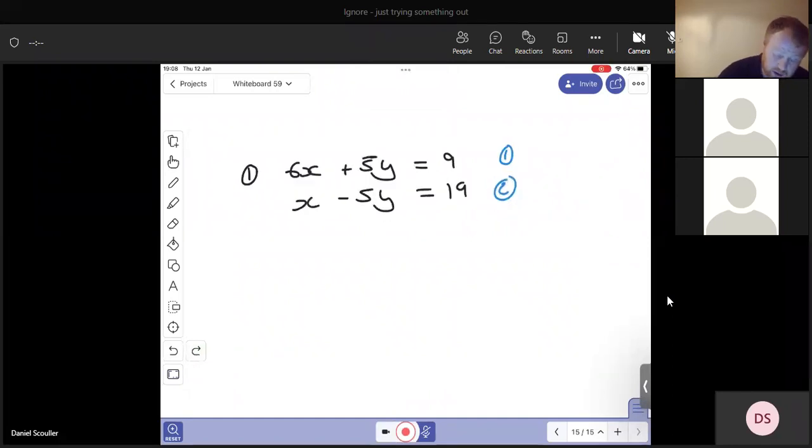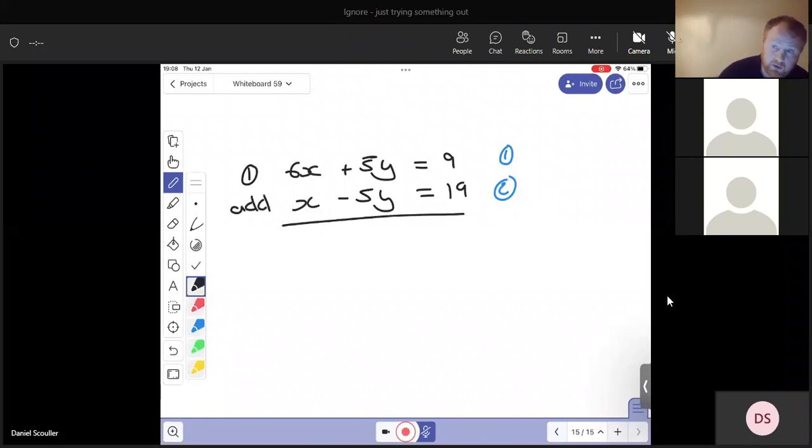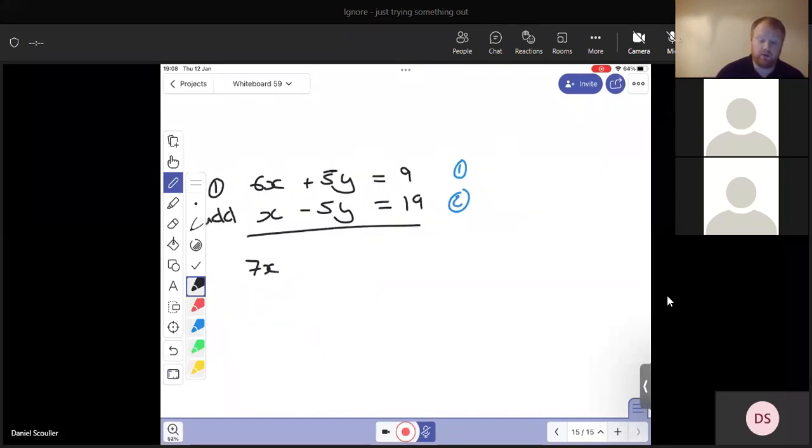So if I put a line under that, say add, and then I'm adding them together vertically. 6x plus x is going to be 7x. 5y add negative 5y is going to give me 0. It's going to eliminate it.